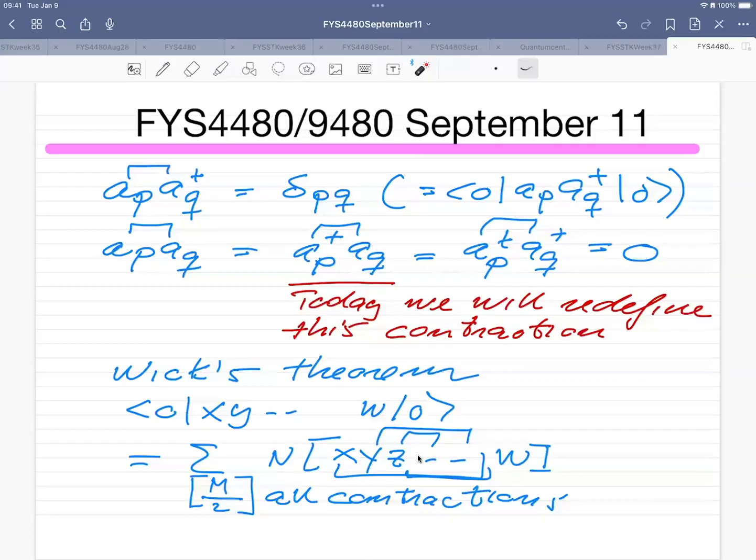X could also be a set of several creation and annihilation operators. So what we have to do at the end is actually to contract all pairs of operators. And that set of operators has to be given by an even number and an equal number of creation and annihilation operators. So if you see immediately a term which you have to evaluate, where you have a different number of creation and annihilation operators, due to these rules here, then that is automatically equal to 0.